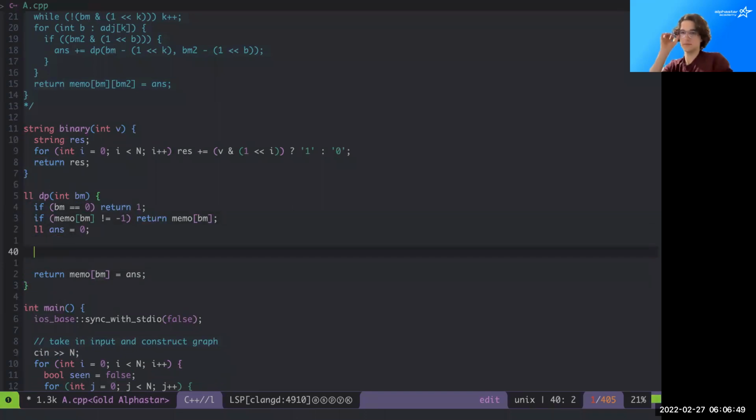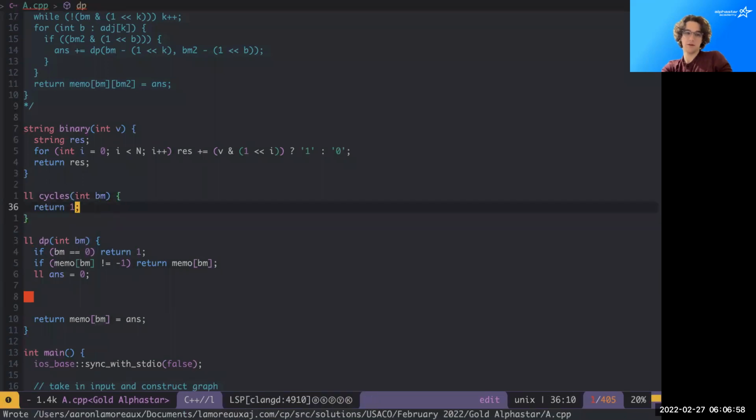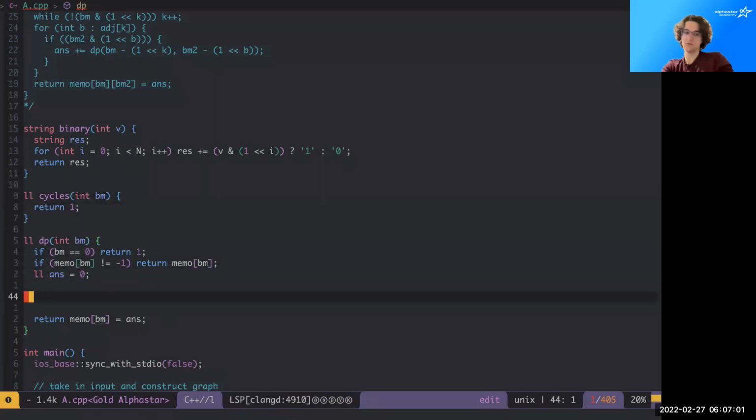So we would need a function that computes. I don't know how to compute that, but if we had that, maybe this would work.